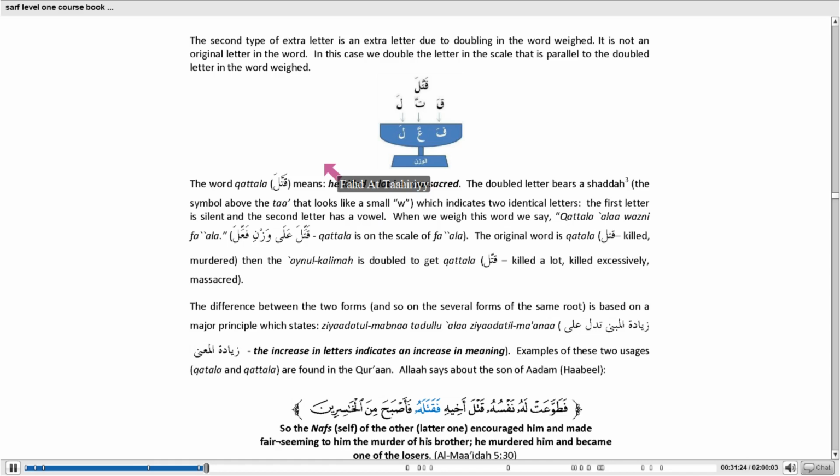So here, قتل originally, what does it mean? قتل with no doubling means killed.